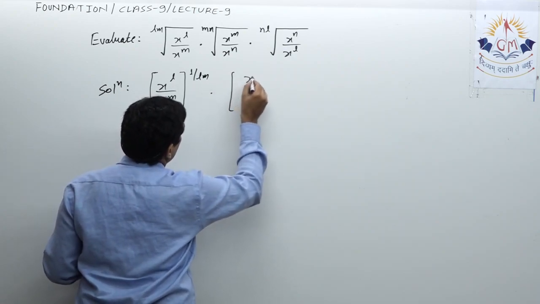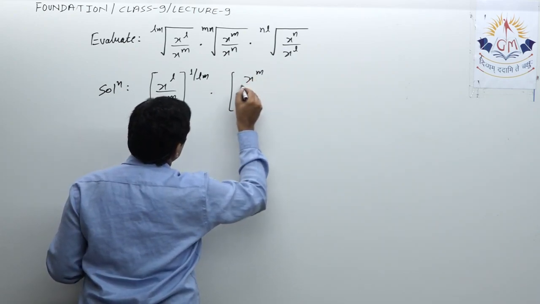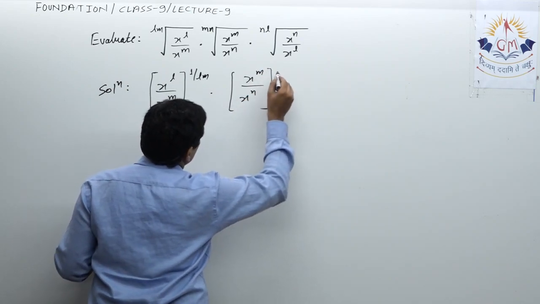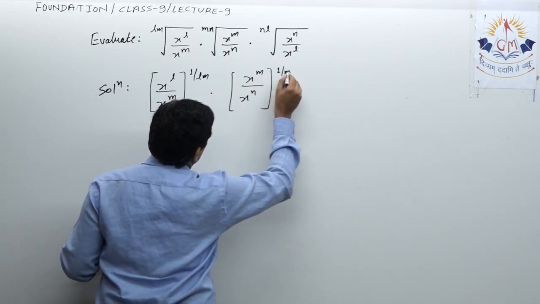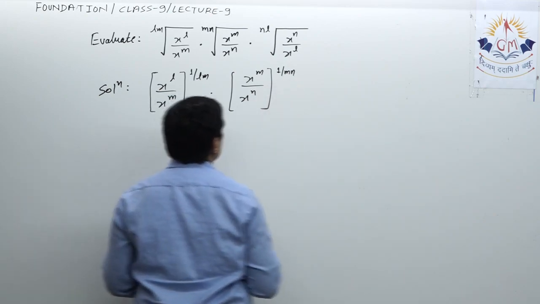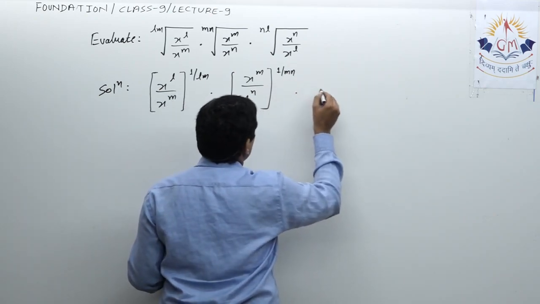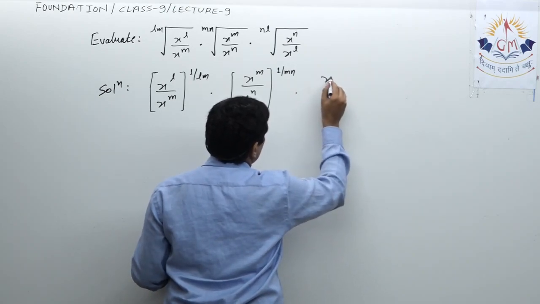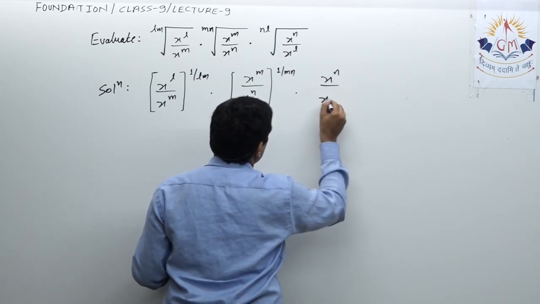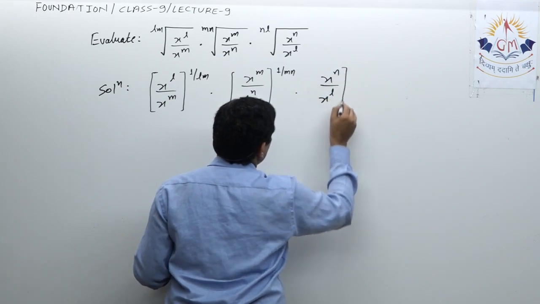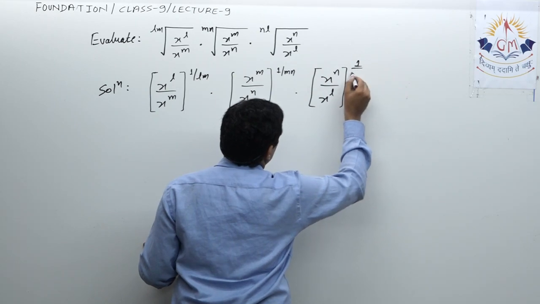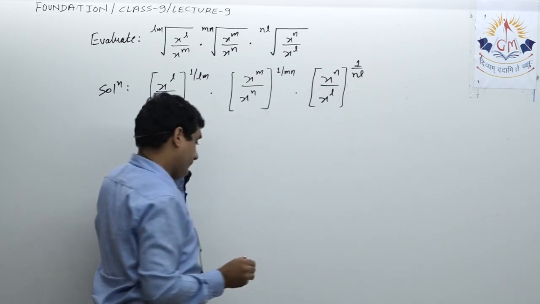This is x raised to M upon x raised to N, raised to 1 upon MN, into x raised to N upon x raised to L, raised to 1 upon NL.